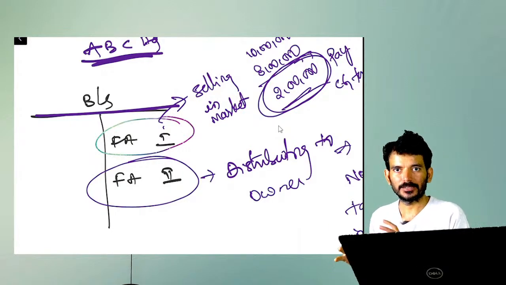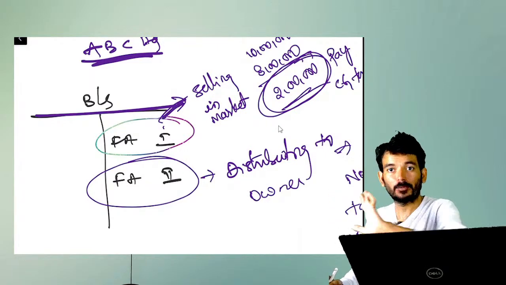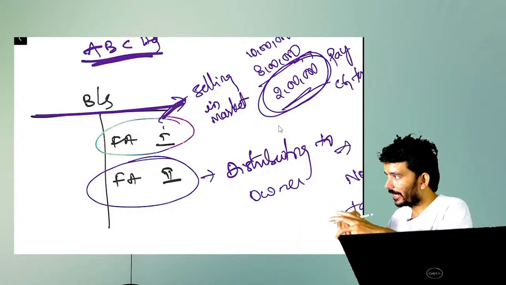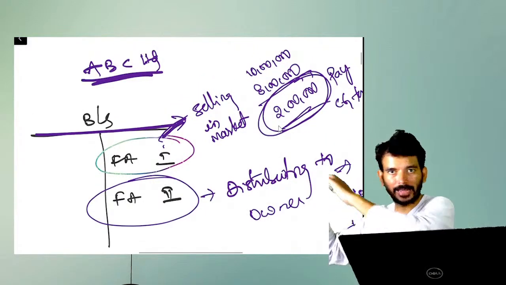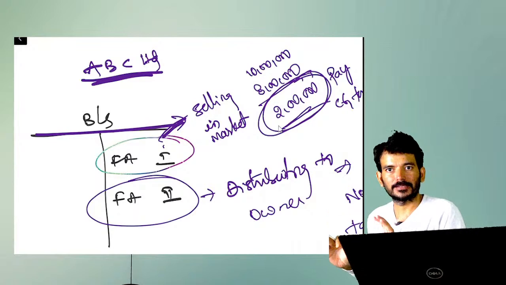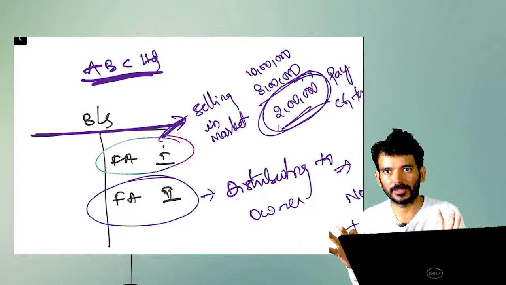I come to this company and sell this FA1 in the market. I'm not giving it to you. I'm selling in the market. Maybe I'm selling it at, for example, 10 lakh. The cost was 8 lakh. On the 2 lakh, I have to pay tax. I have to pay capital gain tax because it's a capital asset for me. This is clear. It is a general provision only.